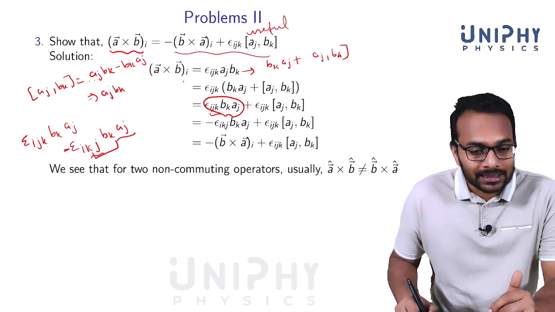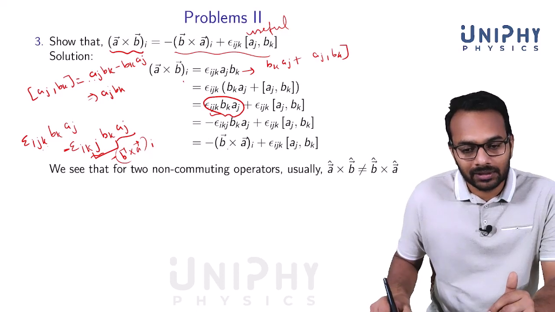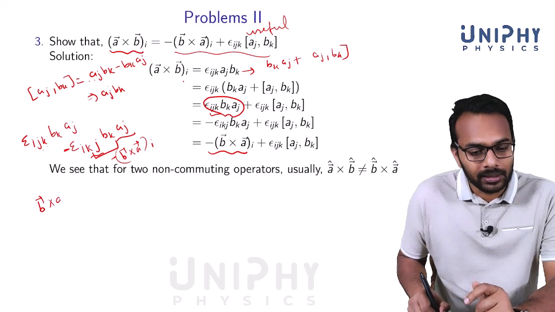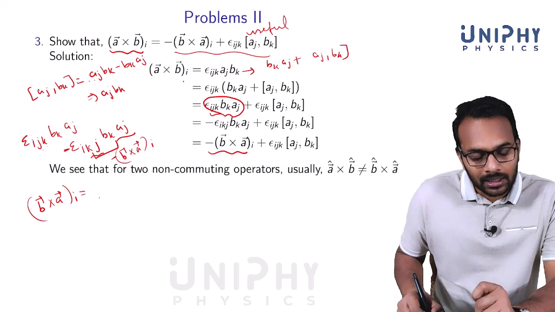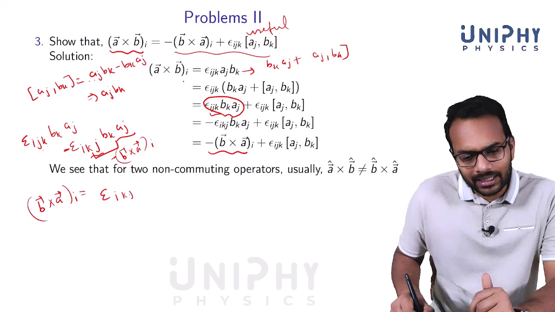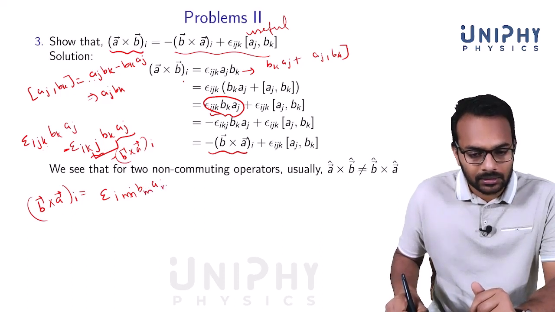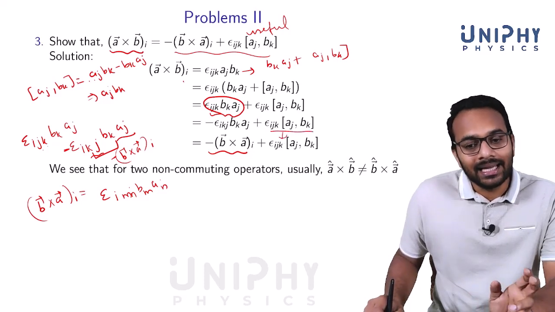So this is actually the ith component of B cross A, with a minus sign here. Why? Because the ith component of B cross A we can write as epsilon_ikj B_k A_j, or you could use any other index, you just have to use the same index here. Then this other term just carries over. It's epsilon_ijk times the commutator of A_j with B_k.